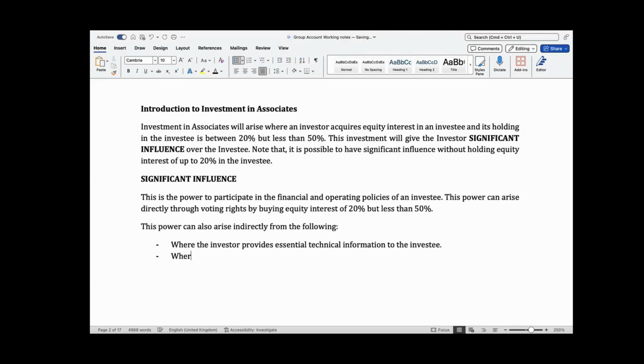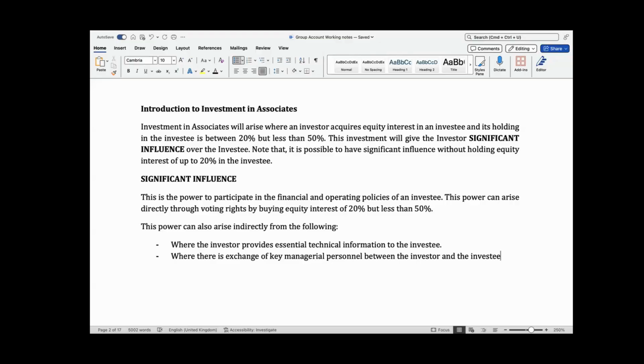Also, is where there is exchange of key managerial personnel between the investor and the investee, where there is exchange of key managerial personnel between the two of you.